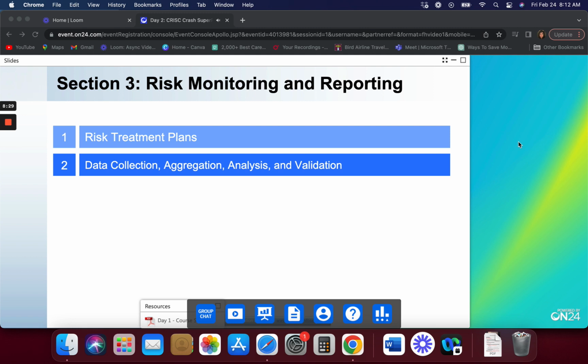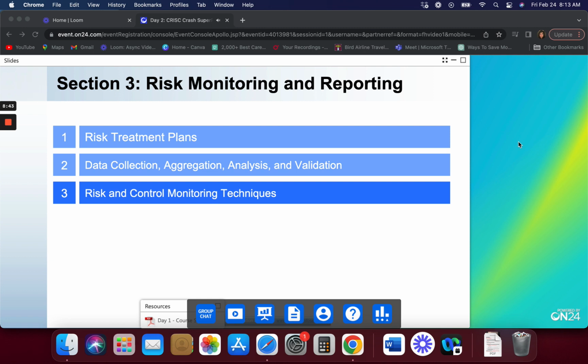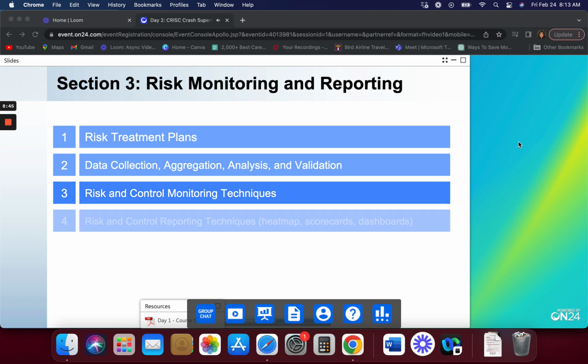Moving on, we're going to not only talk about risk treatment plans, we will talk about data collection, aggregation, analysis, and validation. We will talk about risk and control monitoring techniques. We'll continue with risk and control reporting techniques, such as heat maps, scorecards, and dashboards.